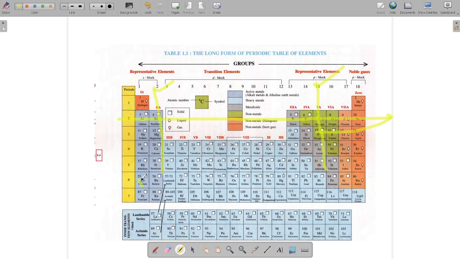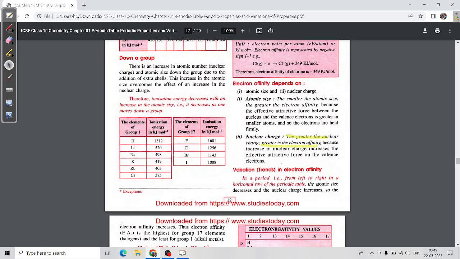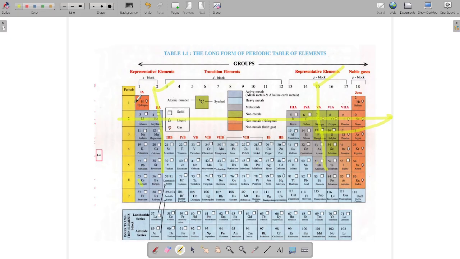As we move from top to bottom, the nuclear charge will increase, the atomic size will increase, and so the electron affinity will decrease. Now we are saying that greater the nuclear charge, greater is the electron affinity, but you have to understand that here, as the nuclear charge is increasing, the atomic size is also increasing with it, so it is not having an effect on the outermost shell.